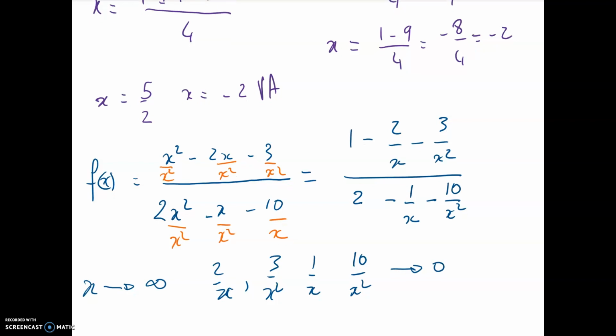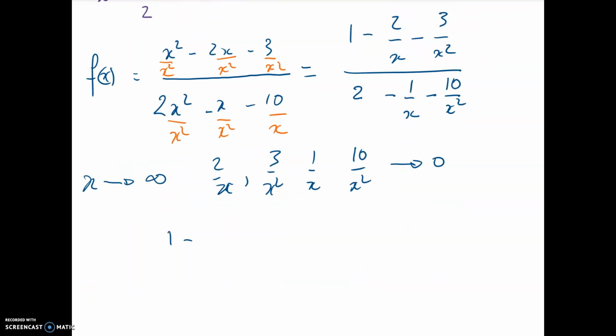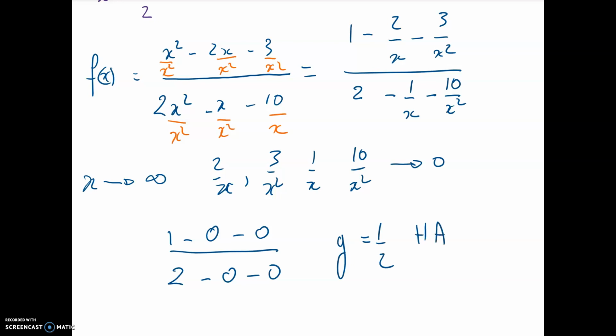So basically what I have is 1 minus 0 over 2 minus 0 minus 0. And so I end up saying that I have a horizontal asymptote at y equals 1 over 2. That would be my horizontal asymptote.